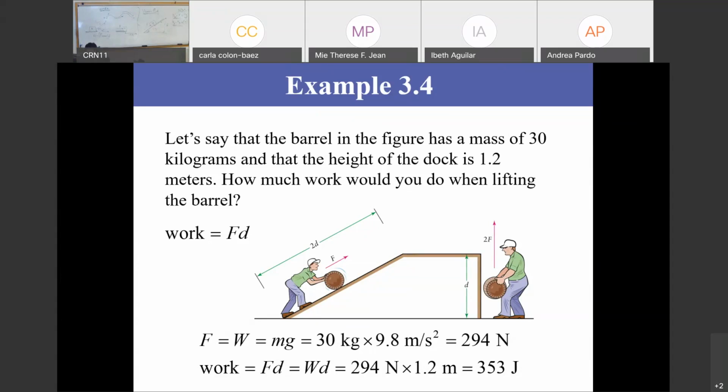But if we make a ramp big enough, we can do the same amount of work, and yes, we will travel more distance, but the force that you will use will be less. So there you are, that's a good example.